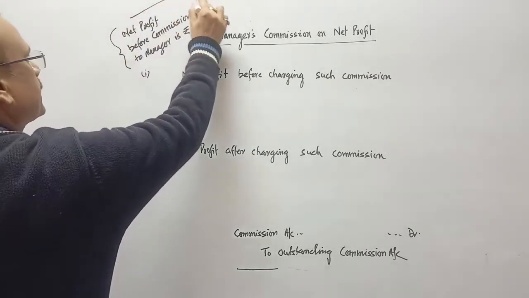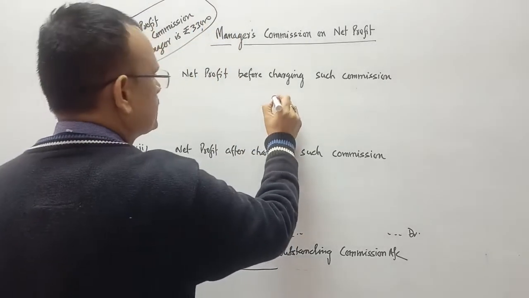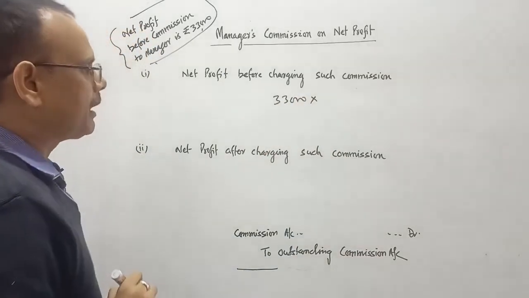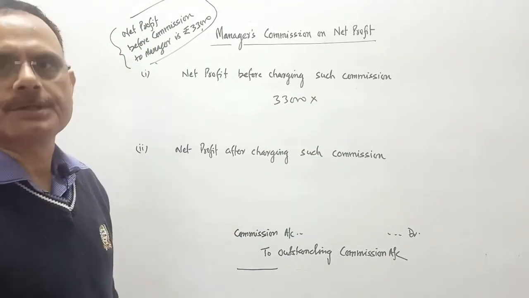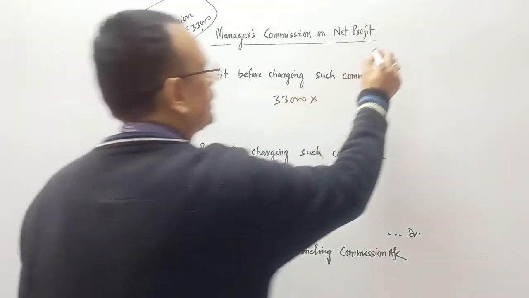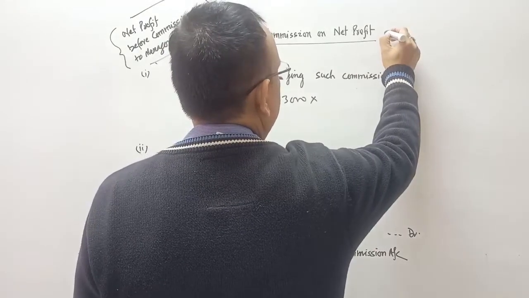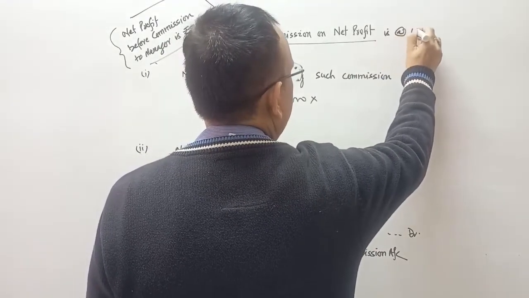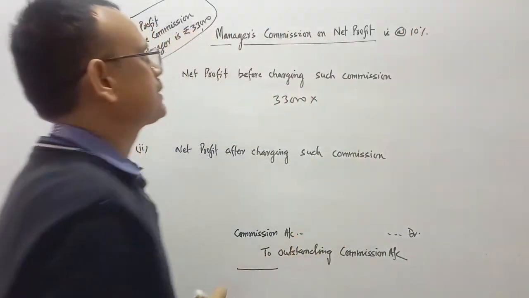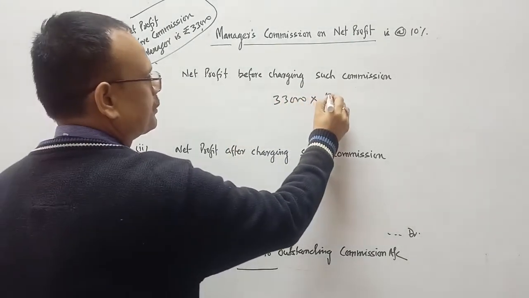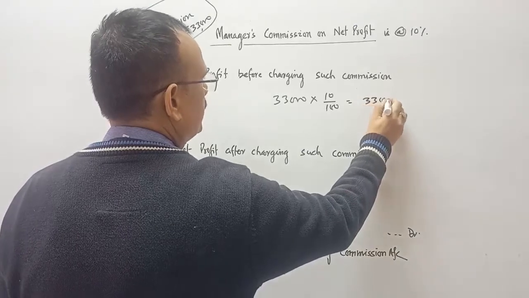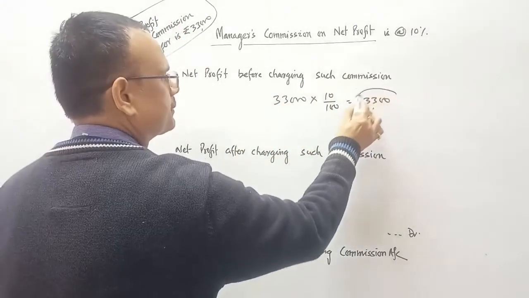Is it clear? It is 33,000. Then the manager's commission will be 33,000 into the rate of commission, suppose 10%. Manager's commission on net profit is at the rate of 10%. So 10% of 33,000 is 3,300. This is the manager commission.